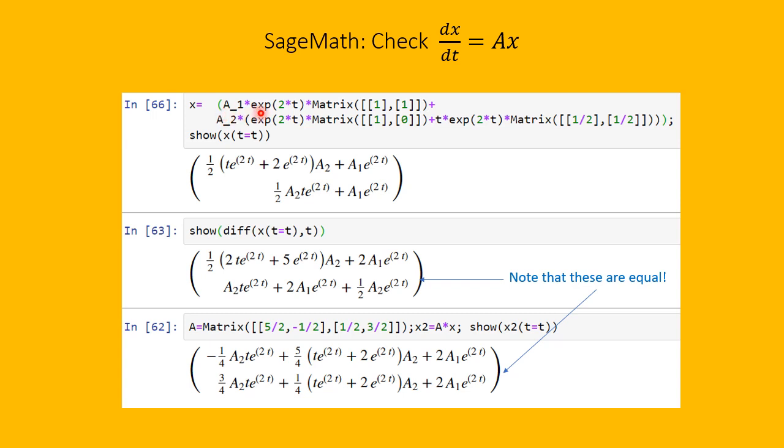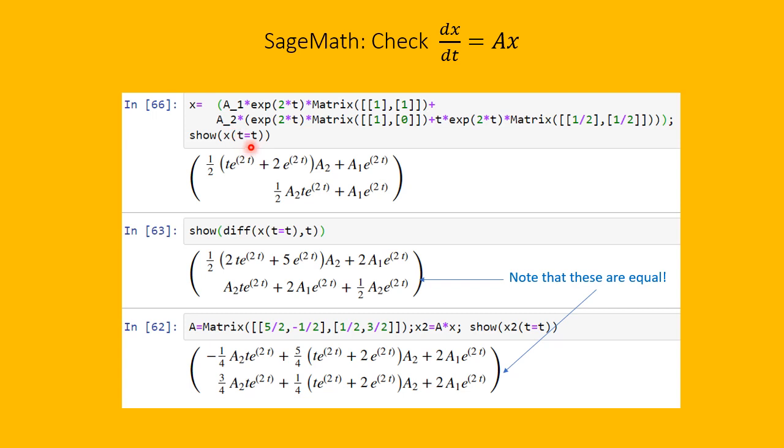Basically, x equals a1 times e to the 2t times the column vector (1, 1), plus a2 times the following quantity, e to the 2t times the matrix (1, 0), plus t e to the 2t times the column vector (1/2, 1/2). And let's show the value of this function x at the value t.